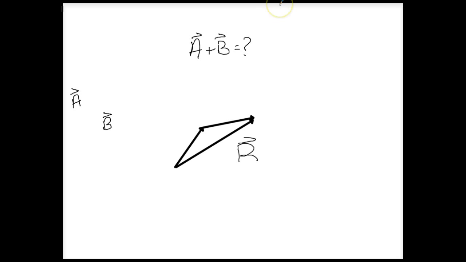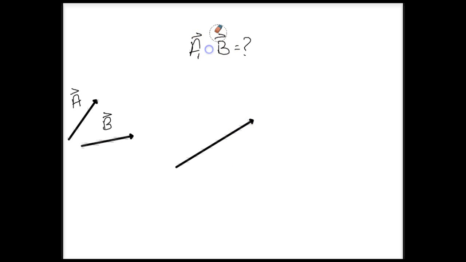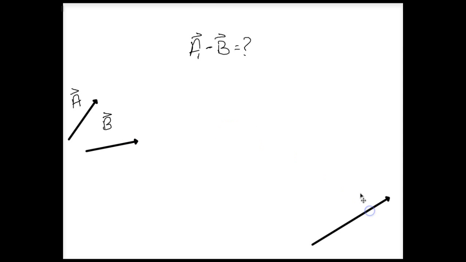So let's say we take A and B again. We'll just slide them over here for now, get them out of the way. And let's say now we want to find out what A minus B is. When I do that, B changes, and it gets flipped around 180 degrees. Let me just get our old resultant out of the way.